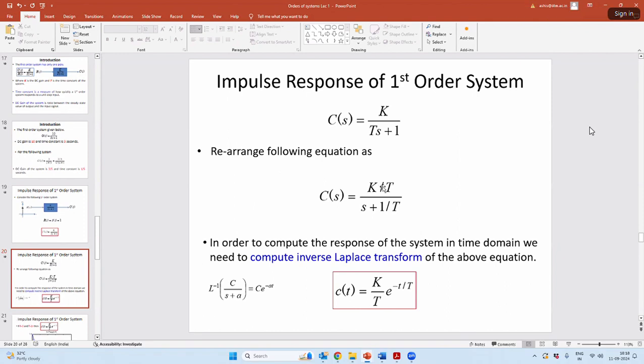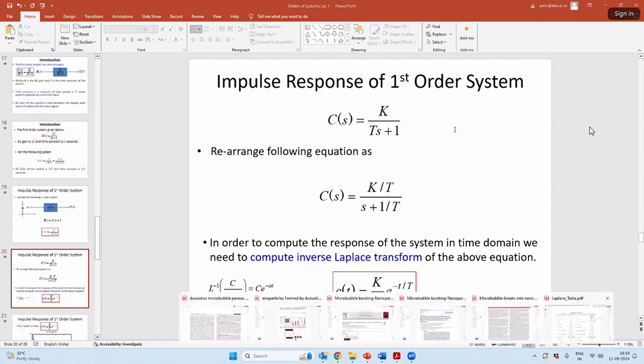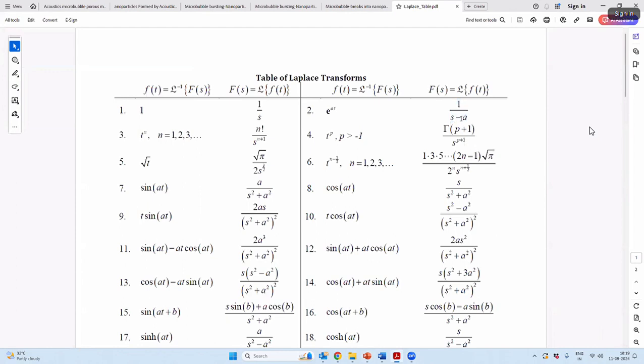If you take K by T out, you have 1 over s plus a. The inverse Laplace of 1 over s minus a is e to the power at, so the inverse Laplace of 1 over s plus a will be e to the power minus at. Here, 1 by T is your a.